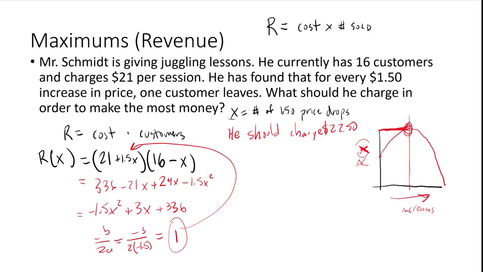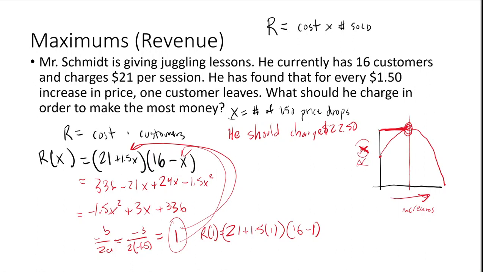Well, then you just plug this one back into each of these things and multiply it out. It'd be 21 plus 1.5 times 1, right? This is going to be essentially R of 1 at this point. Times 16 minus 1. So it's 22.5 times 15, right?